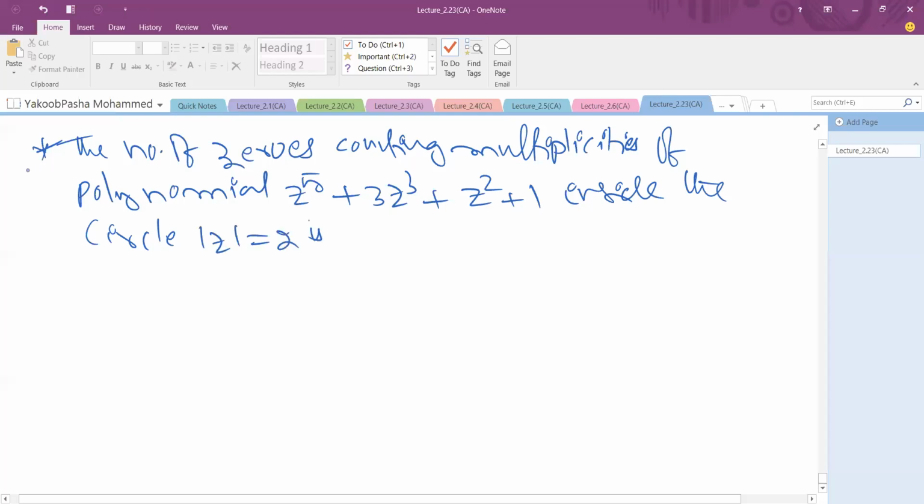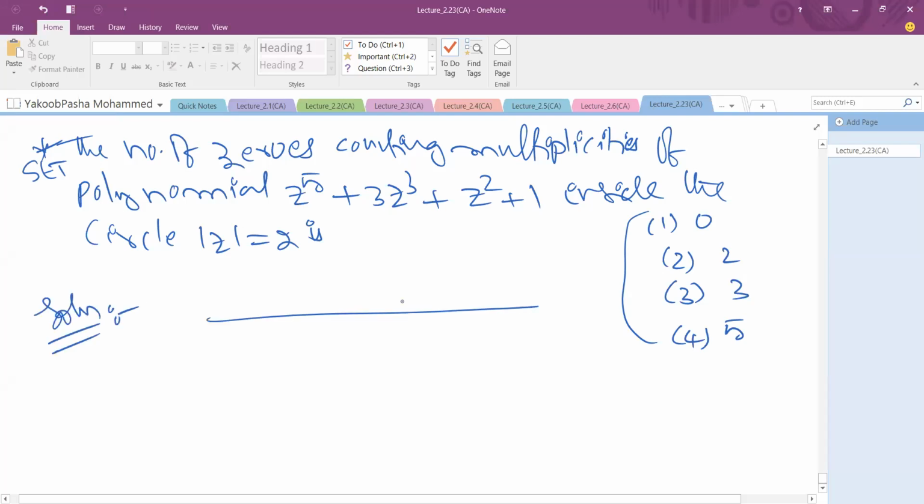We have options here. First option 0, second option 2, third option 3, fourth option 5. First, we have to see the circle whose center is at origin and radius is 2 units.